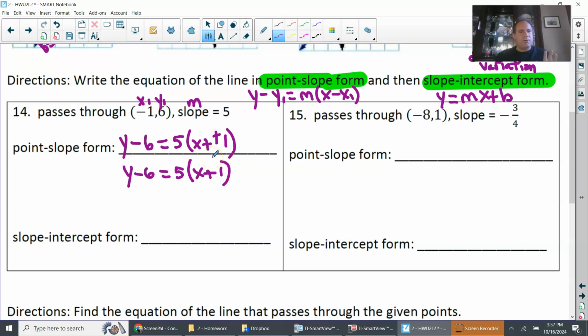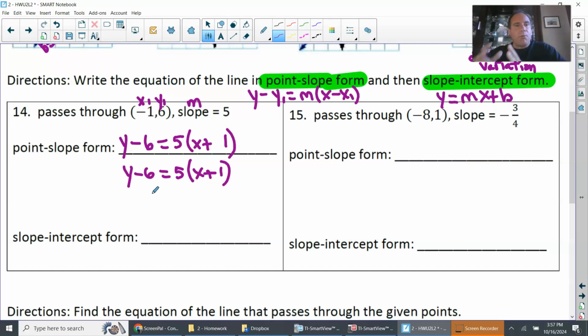That is point-slope form. You could actually just get rid of this so I don't confuse anybody. It's the double negative that is changing that to a positive, right? So this is point-slope form right here on this line. That's the answer. You're done. Now to convert this into slope-intercept form, you have to solve for y.